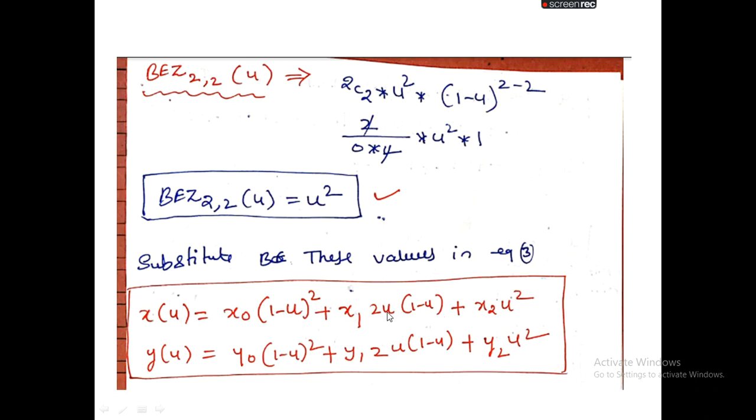I replaced the blending function 1 comma 2 with the new expression 2u into 1 minus u. Similarly, blending function 2 comma 2, I replaced with u square. Then we use these two equations, x of u and y of u, to calculate each pixel position from the first control point to the last control point.